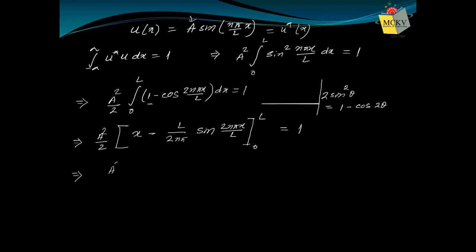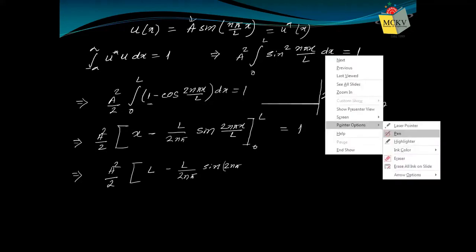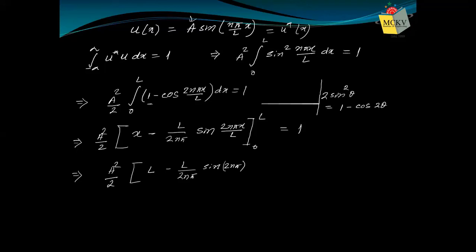So if I put the limit now, it is A square by 2. The first quantity is x, so if I put the limit, it is L minus 0. Next quantity, L by 2n pi minus L by 2n pi. Now if we put x equal to L, it will be sine 2n pi minus sine 0 equals 1, isn't it?